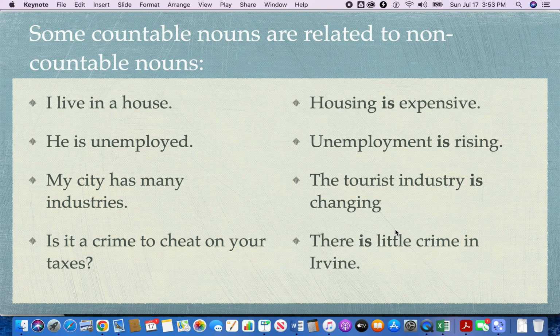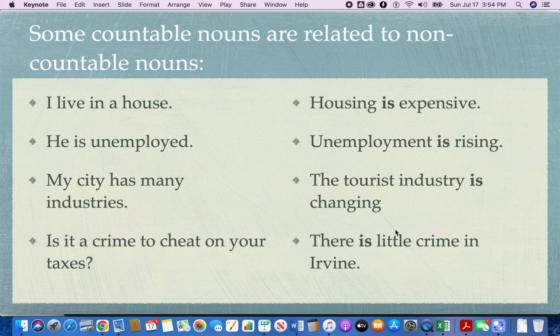Some countable nouns are related to non-countable nouns, such as I live in a house. House is countable, but housing is expensive. Or he is unemployed.